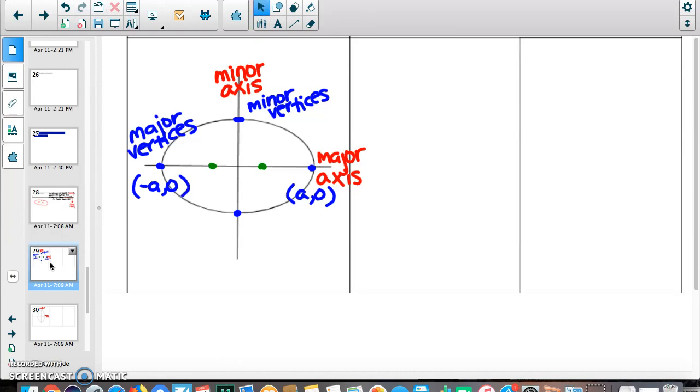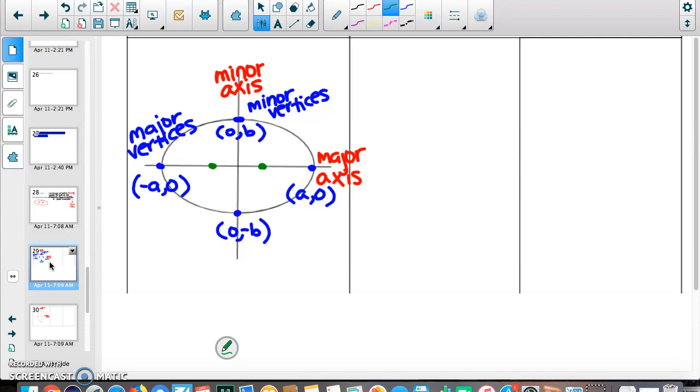And then up here, for the minor vertices, we always use B. And for the foci, we're going to use the point C. So this is C, 0 and this is negative C, 0. So A goes with major, B goes with minor, and C is for the foci.